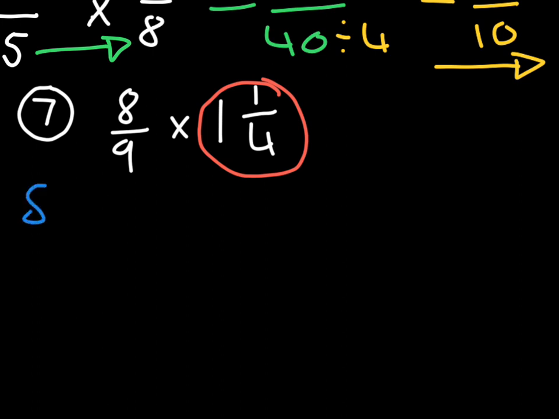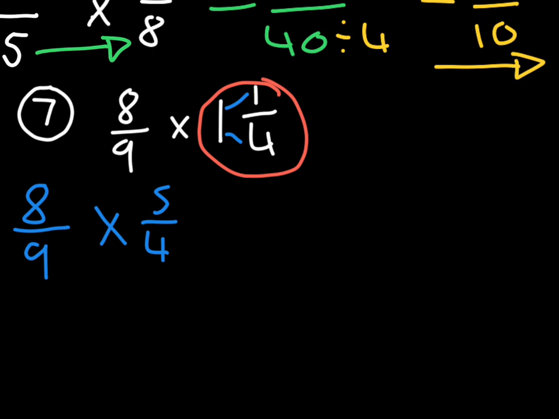We're going to keep the 8 over 9 times. Now to convert the mixed number into an improper fraction, we multiply the 1 by the 4 and we add the 1. So 1 times 4 gives us 4, plus 1 gives us 5. So that becomes 5 over 4.